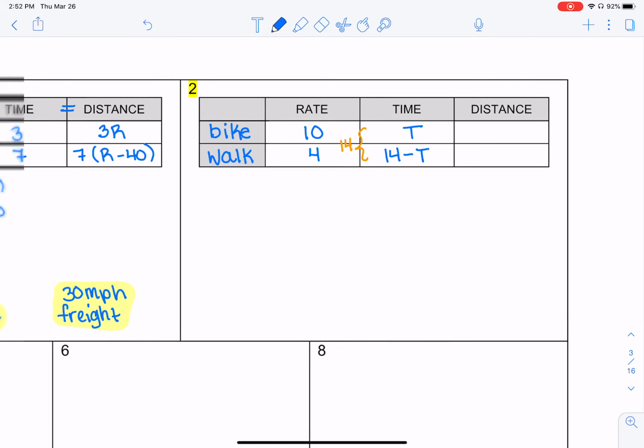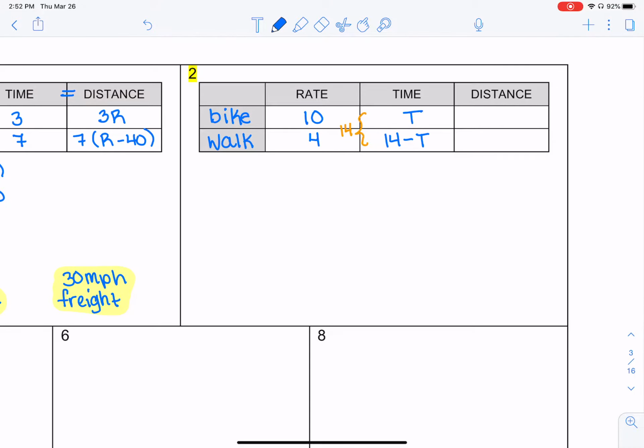Okay, then I'm going to multiply across. Rate times time equals distance. So 10 times t, 4 times 14 minus t. Set these distances equal to each other. And my next step is I'm going to have to distribute that 4 across.